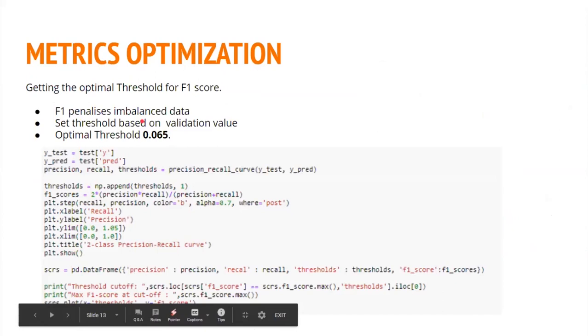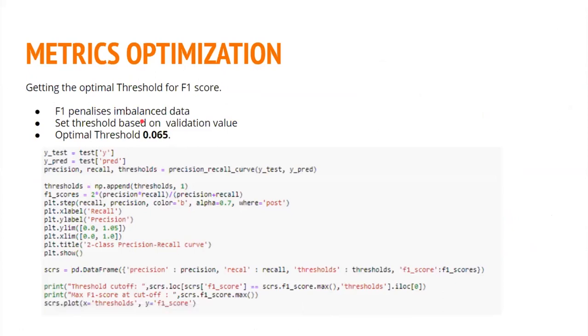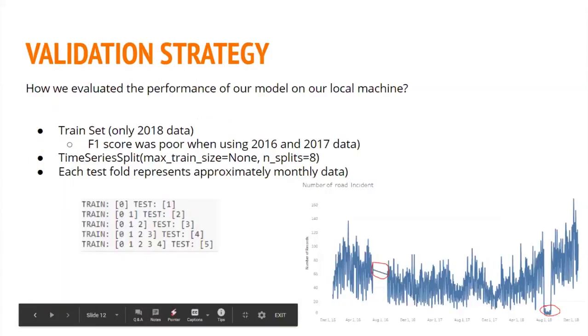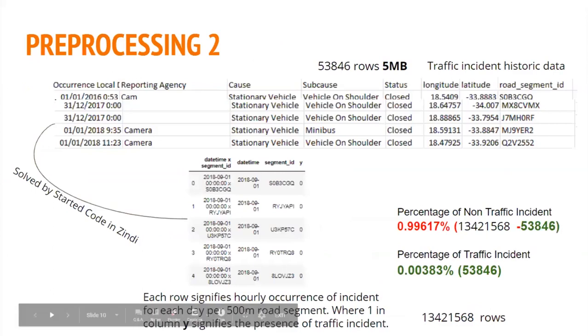The F1 score optimization, or threshold optimization. So we had to reduce the threshold to go towards the range of the imbalance. Now remember, in our data set the traffic incidents had only a 0.038 value.